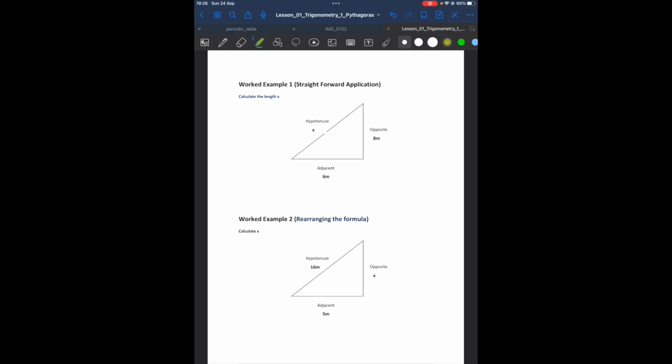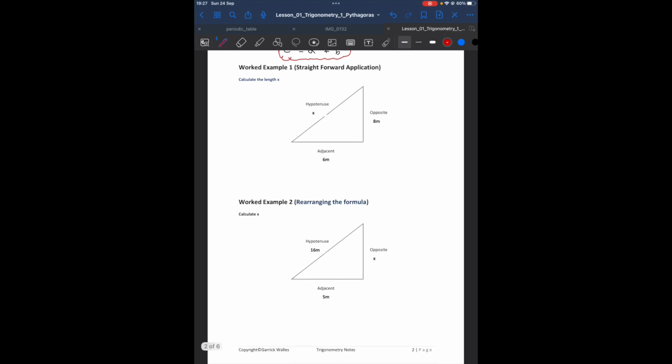Using Pythagoras' theorem is fairly straightforward. If we start off by writing the theorem at the top, c squared equals a squared plus b squared, we're going to look at two worked examples where we apply this equation to solving a problem and working out a given length.